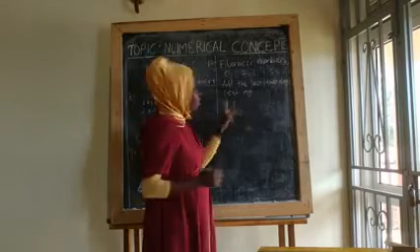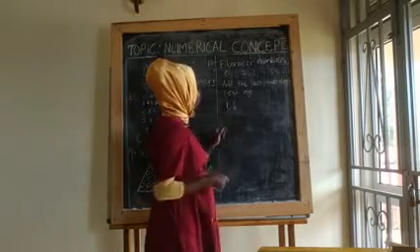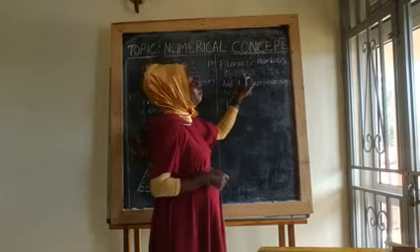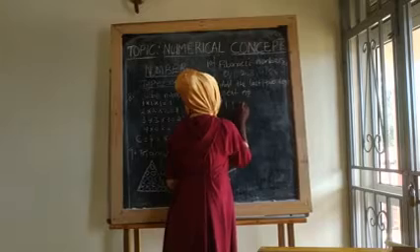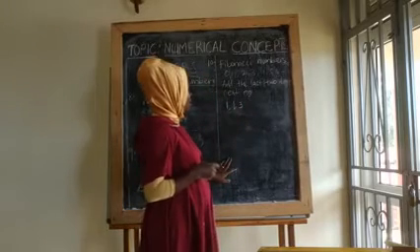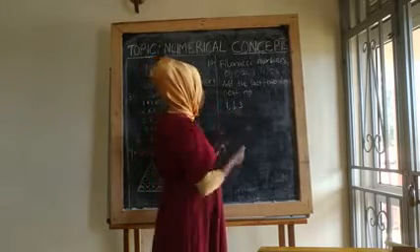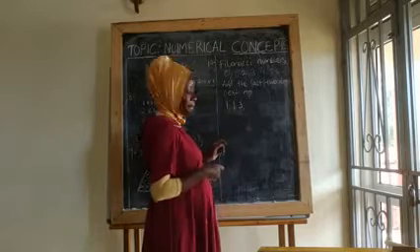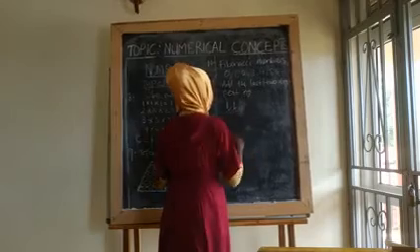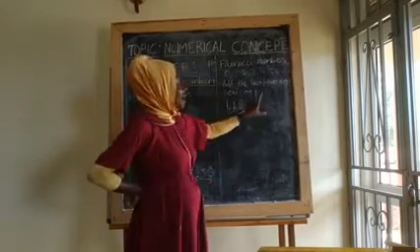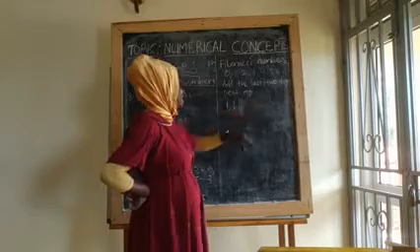And then, what will be my next number? To get the next number, I will get 1 plus 2. 1 plus 2 gives me 3. And then, how do I get to the next number? I am simply adding the last 2 digits to get the next number.